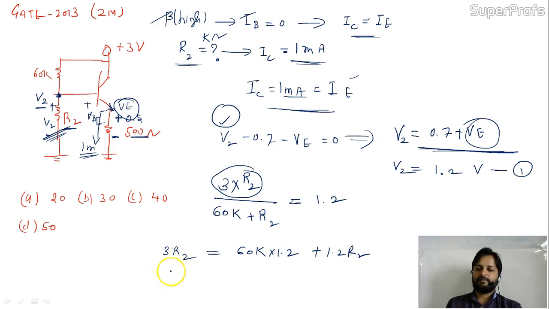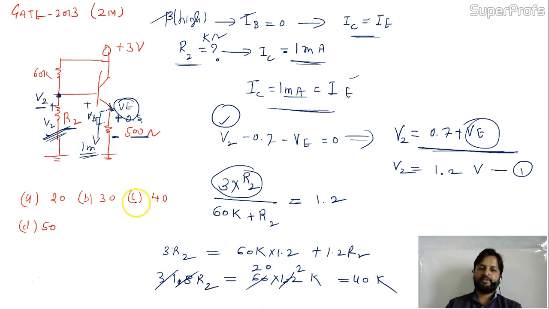So when you subtract 1.2 from 3, it will be 1.8 R2 equal to 60 into 1.2 K. So 6 threes, 6 twos, right? And this 3 2 0. So finally you are having 40K. Your answer is 40. So 2 marks in 2 minutes.